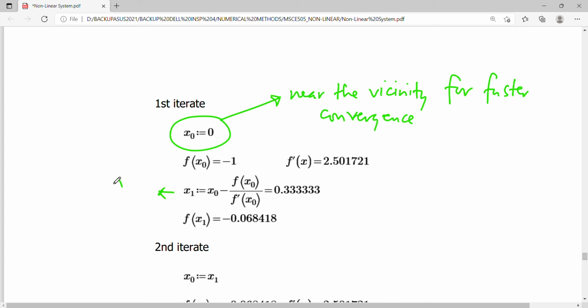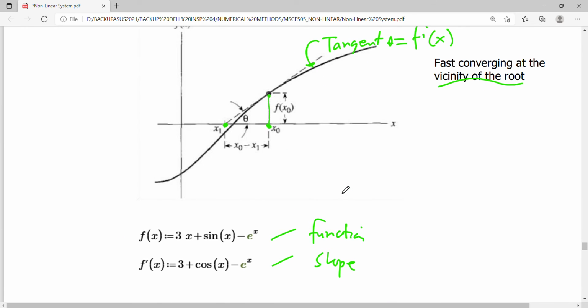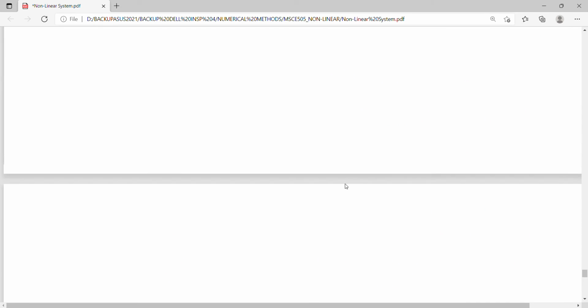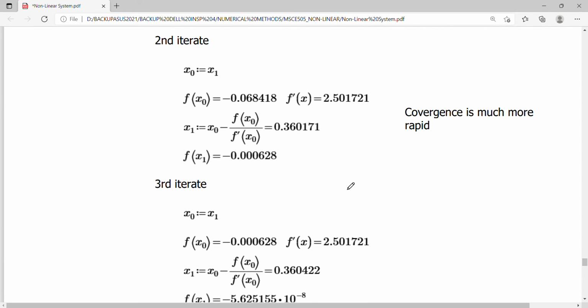Okay, so this is the formula. This is just a point slope form of the formula, no, in our algebra. So you get now the first value of your x1, which is 0.333. Let us check. Wala ata yung solution dito sa Whitley. Okay, so I forgot to write the solution here.